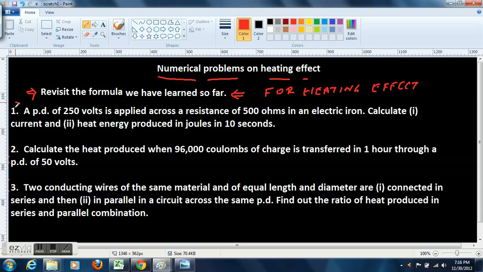First one: a potential difference of 250 volts is supplied across a resistance of 500 ohms in an electric iron. Calculate 1. current flow, and 2. heat energy produced in joules in 10 seconds.